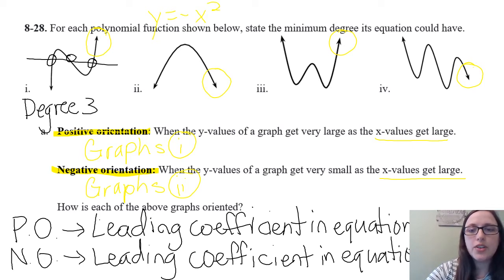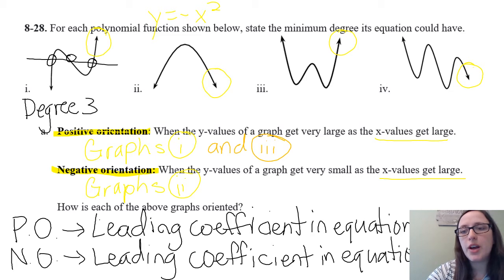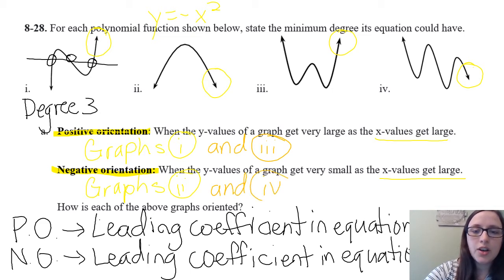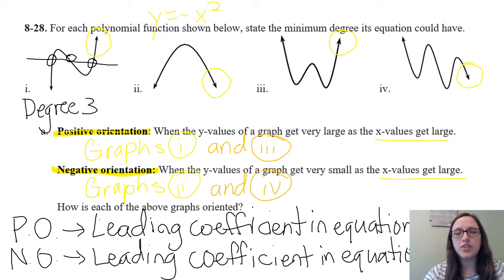All right, and then for graph number 3, we have positive orientation overall. And for graph number 4, it goes from positive to negative, so overall, it has negative orientation. And again, that's just to help us when we're making our equations.